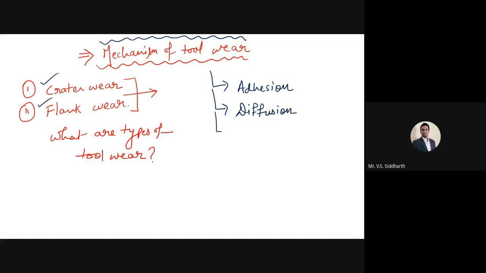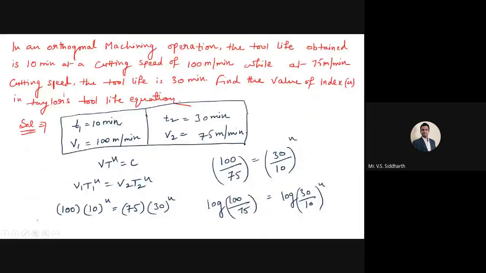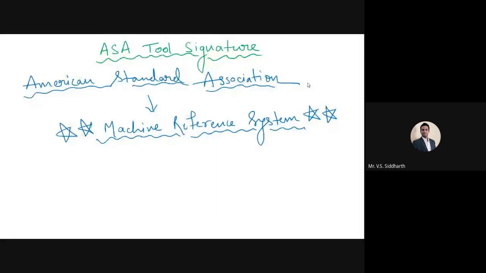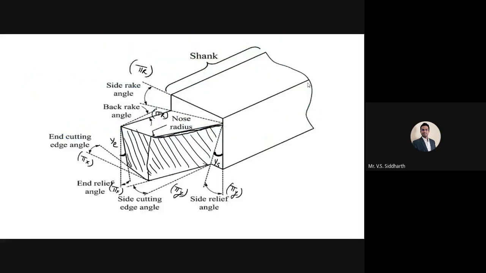Third is abrasion. The fourth is oxide formation. Now, what is this adhesion? Adhesion means when you are doing the machining operation, you might have observed, in this diagram I will show you.